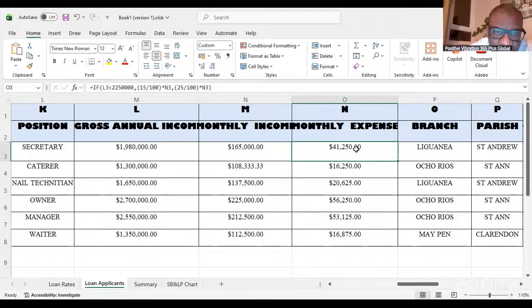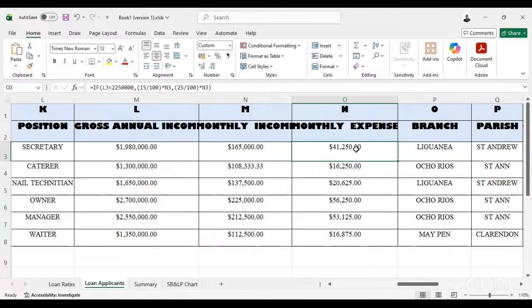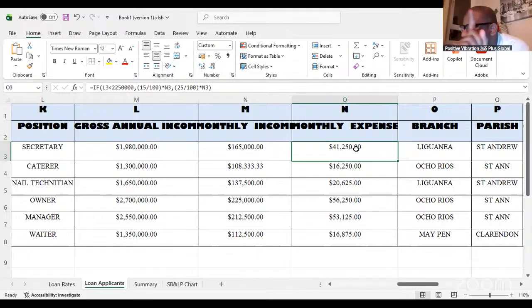Hold on. Listen, this says our formula, let's make sure we get it. They say if the gross income, calculate 15% of the monthly income for persons with annual income less than 2.25. That would be the gross annual income, right? Which is in L. So this is 1980, so that's less than, right? So it should work out 15% of this value.